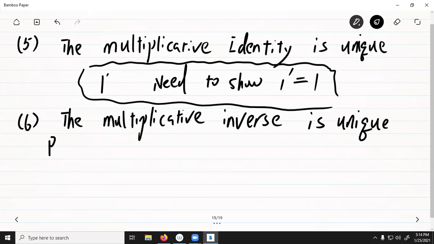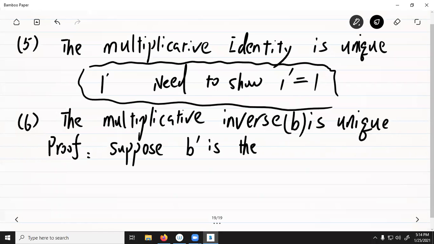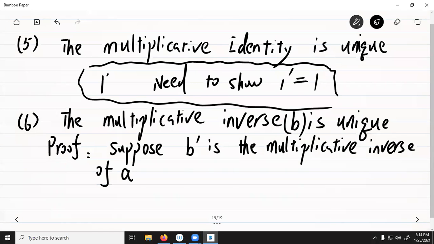So we prove: suppose the multiplicative inverse is B. Suppose B prime is the multiplicative inverse of A, where A is any real number.